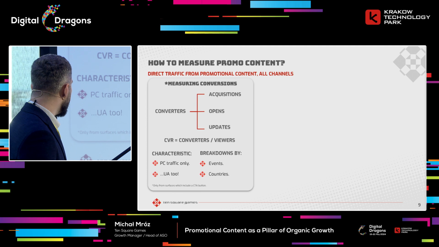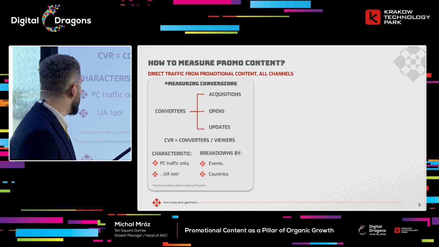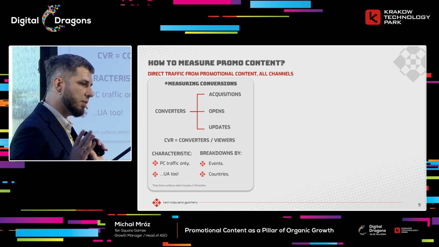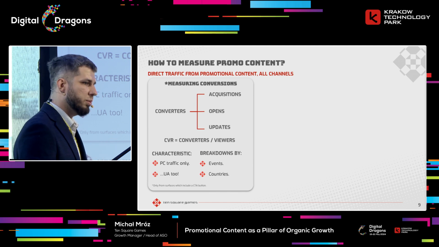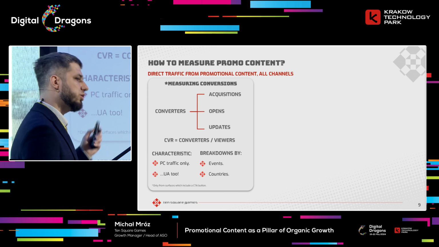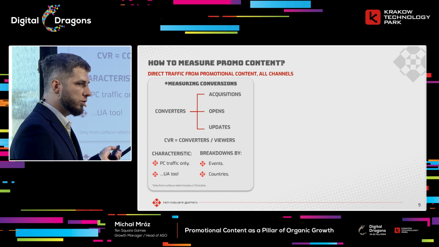What is important when we talk about promotional content is that here we measure only traffic coming through these cards, coming through these interactions with CTA buttons. So it's important that even users who are coming to your store page through paid acquisition campaigns can be attributed to this kind of traffic.